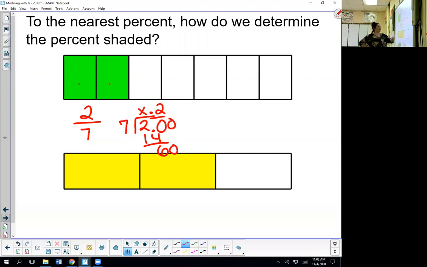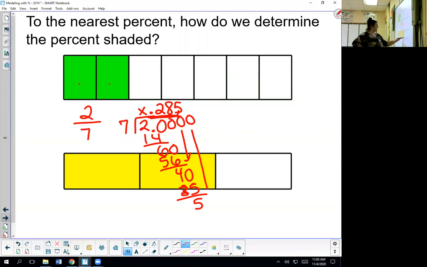Add a 0, bring it down. 7 times 8 is 56. 4, 40. 8 times something is 40. 7 times 5 is 35. 55.